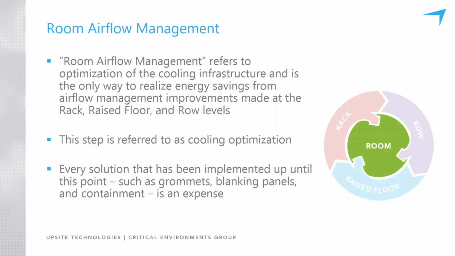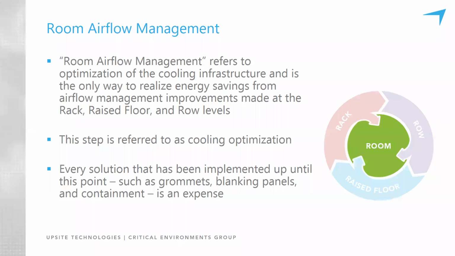So when any one of those aspects of airflow management has been improved, there's an opportunity to improve the room airflow management. Room airflow management refers to the optimization of the cooling infrastructure. And this is a process that is implemented after all of those airflow management improvements are implemented, that is.